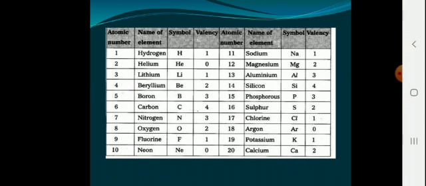This chart shows name of element, its symbol and valency. First 20 elements are listed here. These all charts will help you a lot when we study the concept of valency.